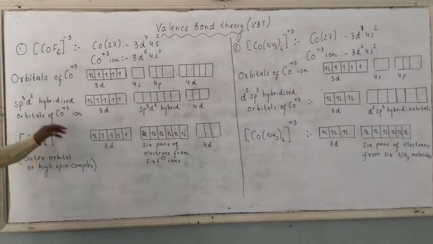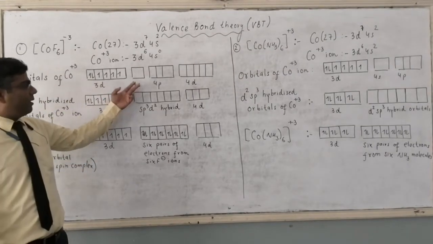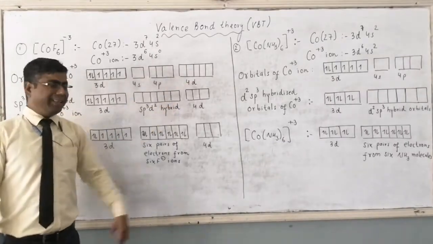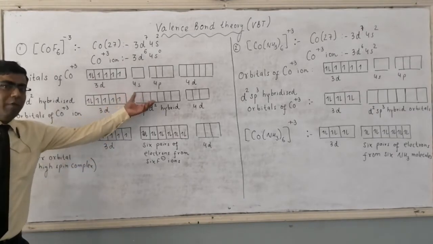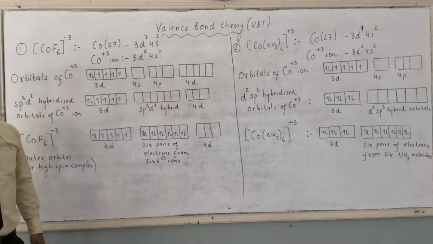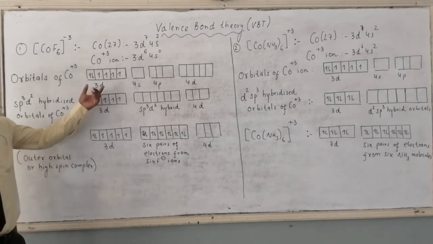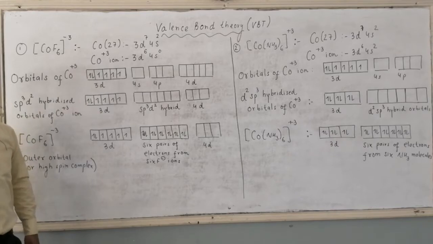Now the orbitals of Co3+ are 3d, then 4s, then 4p, then 4d. This 4d is called outer d, and this 3d is called inner d, which is inner to the valence shell. And if d is from the valence shell, that is called outer d. So here we have 6 electrons in 3d: 1, 2, 3, 4, 5, and then 6 pairing is here.